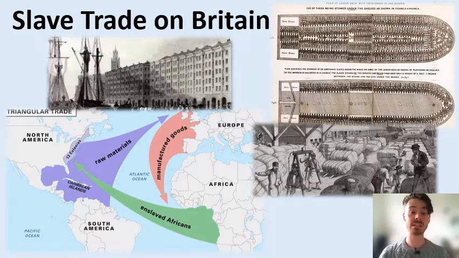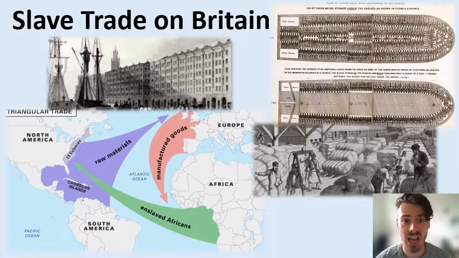People in Britain who didn't even engage with enslaved people still made money from the slave trade. Manchester was called Cottonopolis because it processed all of the cotton that arrived from the slave trade, and that actually made most of Manchester city centre. Manchester itself is supported by the trade of human life.